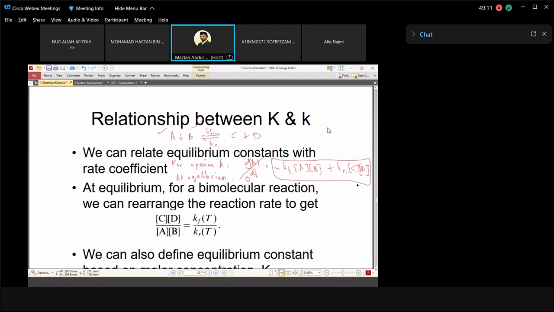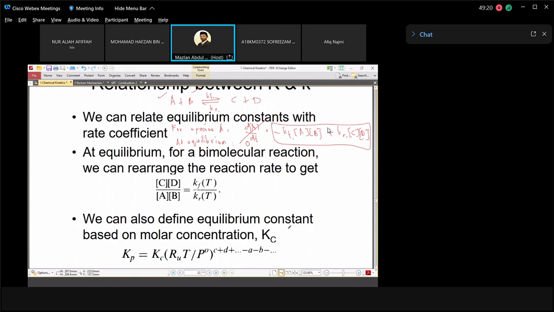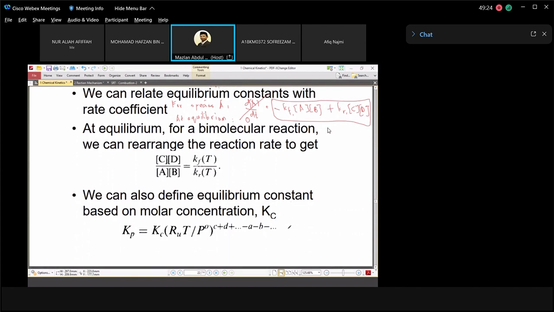So CD over AB equals KF over KR. We can also define the equilibrium constant based on molecular concentration. Kc is what we have seen in the previous chapter. Kp is the equilibrium constant overall.